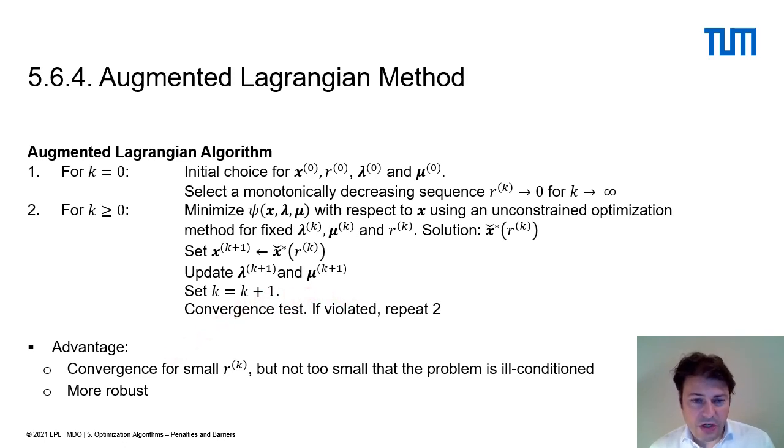So the advantage of the augmented Lagrangian method is that you will converge for values of r that are bigger than for penalty or barrier methods, and this way you do not compromise numerical stability as you would if you ran a classical barrier or penalty method.